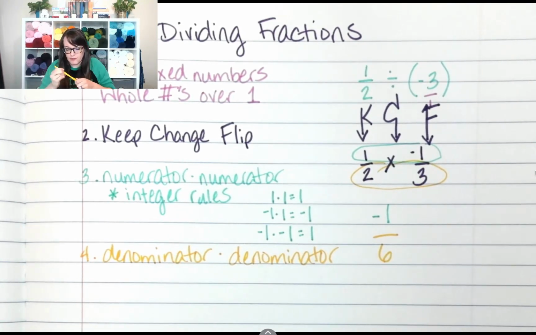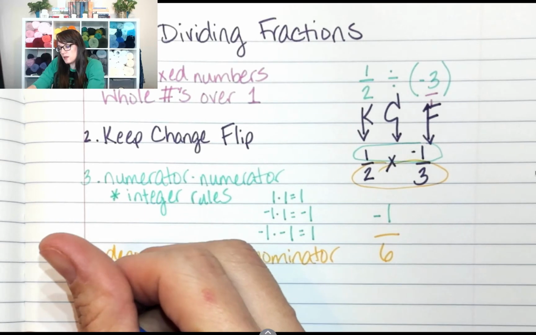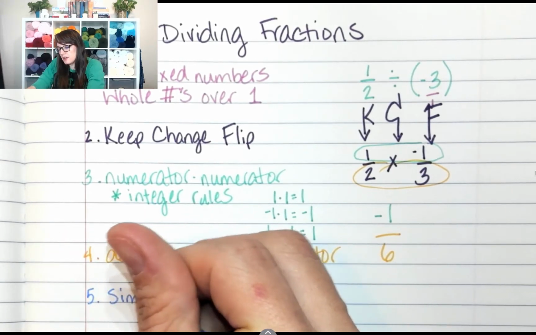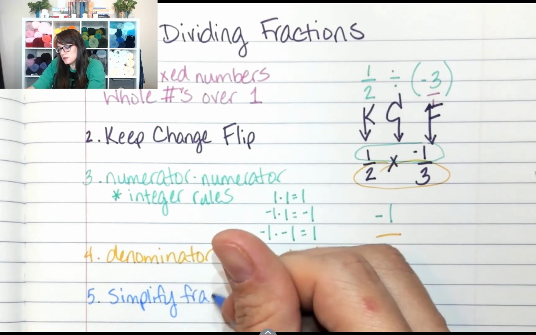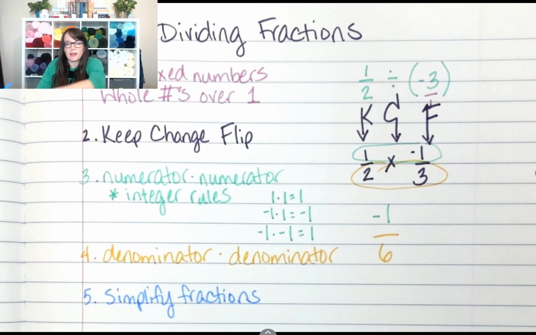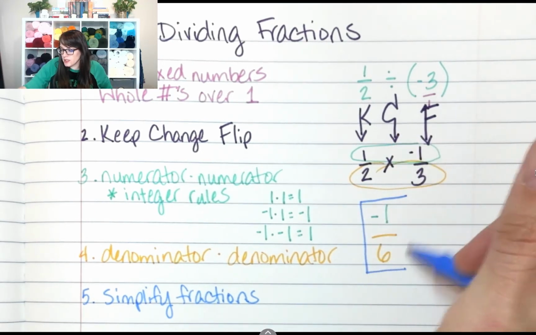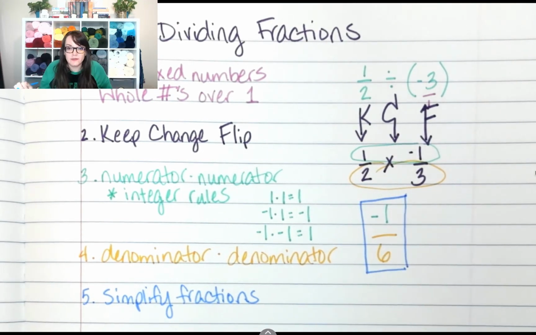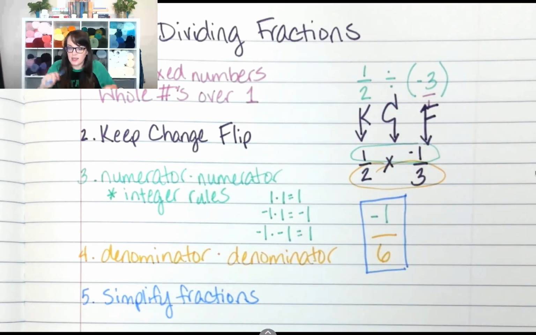And anytime I'm dealing with fractions, I always want to make sure that I reduce or simplify my fractions at the end, make them nice and pretty. So I'm going to simplify, make proper, make them back into a mixed number. Can I do anything with 1 over 6 though? No. So it's just negative 1 over 6, because a positive divided by a negative is a negative.